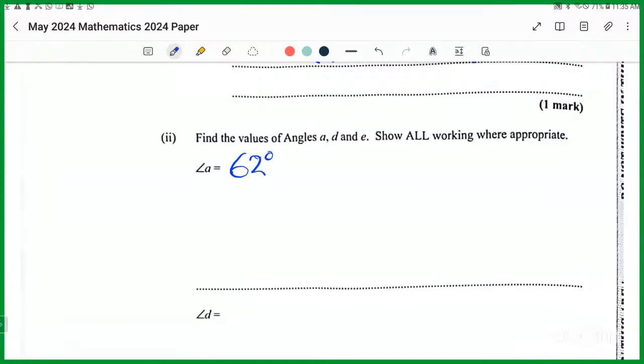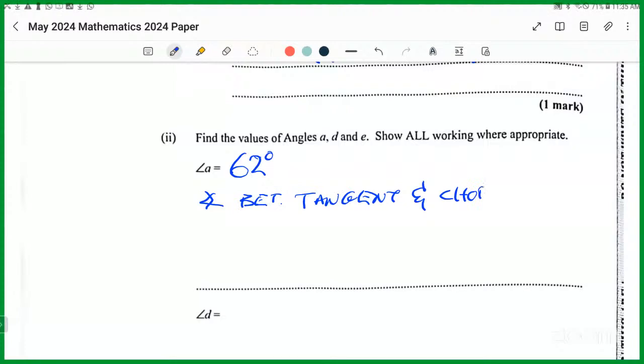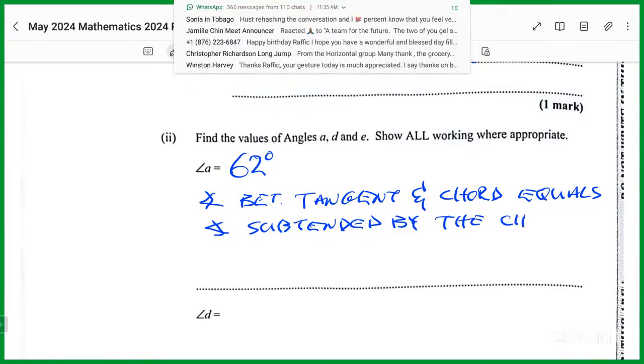I'm going to write the reason: because angle between tangent and chord equals angle subtended by the chord, and it's at the circumference.